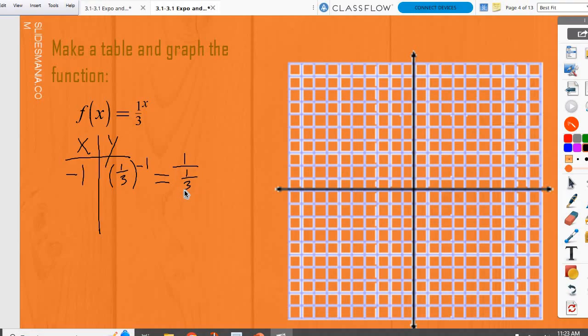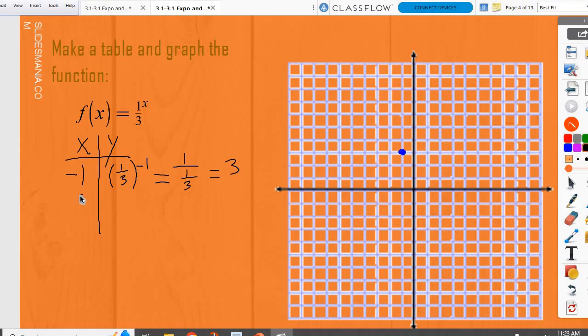So we multiply by the reciprocal of 1/3. Well, the reciprocal of 1/3 is just going to be 3. Same thing if I had a -2 here, right? I would still square it and get 1/9, and then my 1/9 is in the bottom, so I get 9, which is why the more negative that we get with these, the farther that we're going to go up.